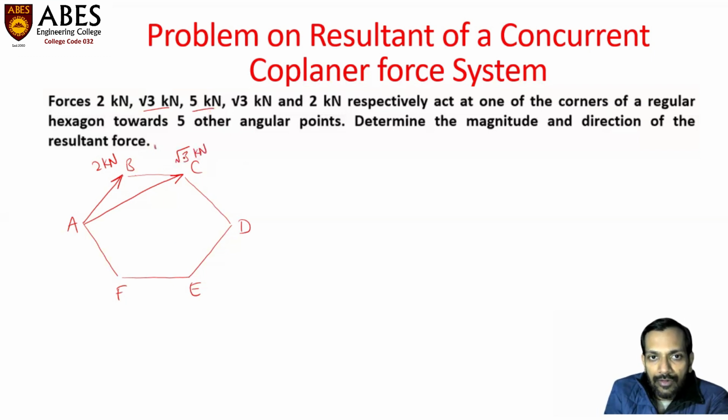The next force of 5 kilonewton acts towards the point D, along the major diagonal. Next one, √3 kilonewton once again. And the last one, 2 kilonewton.